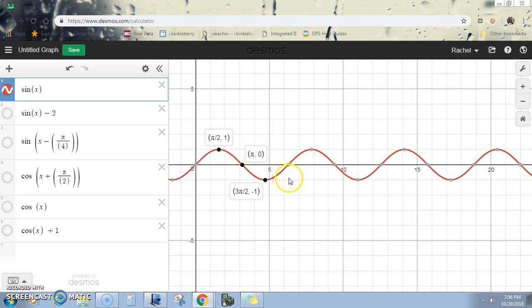Pi, 0, 3 pi over 2, and 2 pi or 360, right? Okay, and then up, up, down, down. Gotcha. Okay, so there's all of our points twice around the circle. Twice around the circle. That's what the sine curve looks like.